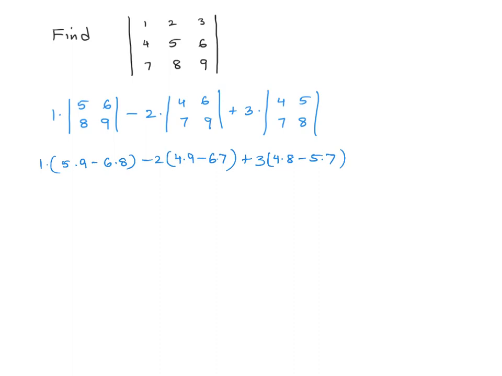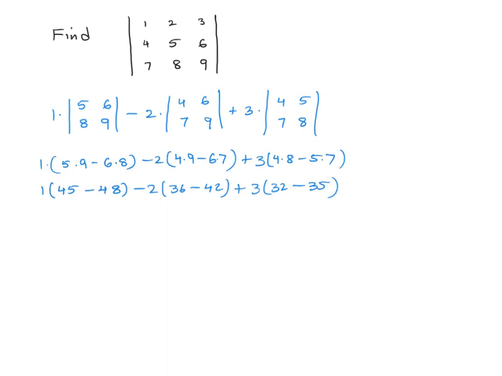Now I'm going to do these individual calculations. So this is 1 times, well, that's 45 minus 48. Minus 2 times, well, that's 36 minus 42. Plus 3 times, well, that's 32 minus 35.